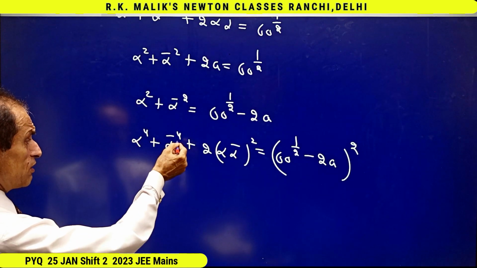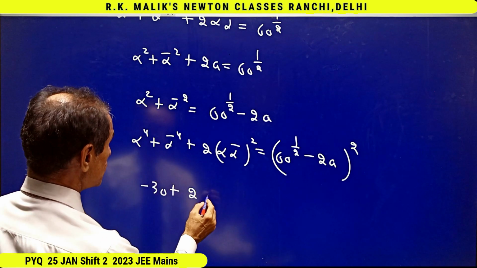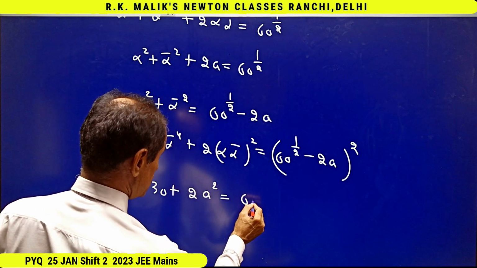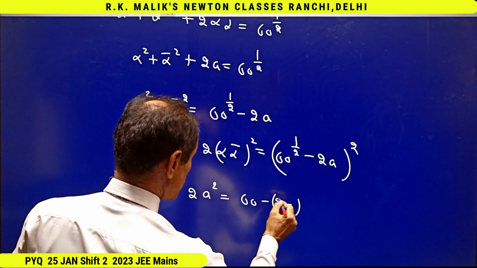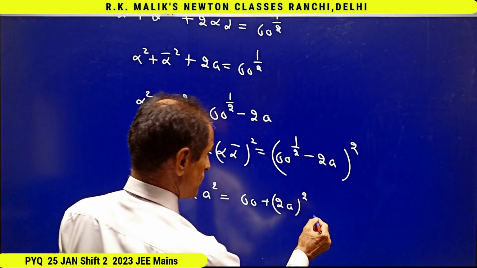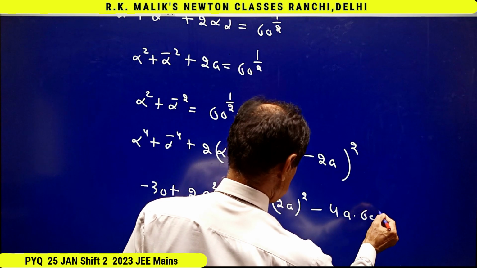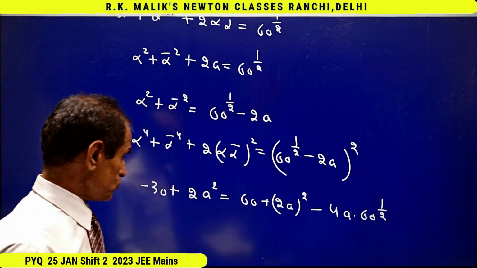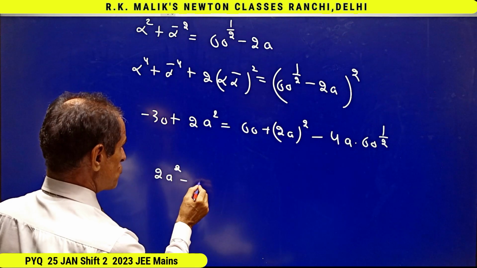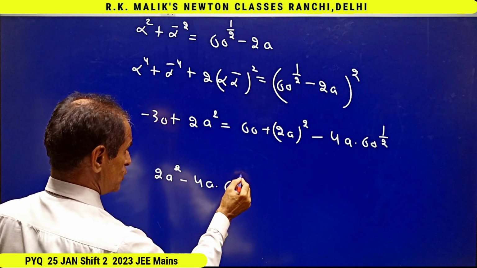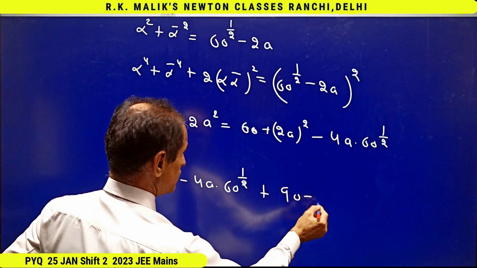And the value of this is given to us, minus 30 plus 2A square equal to 60 minus 2A whole square minus 4A into 60 to the power 1 by 2. That is, I get 2A square minus 4A into 60 to the power 1 by 2 plus 90 equal to 0.